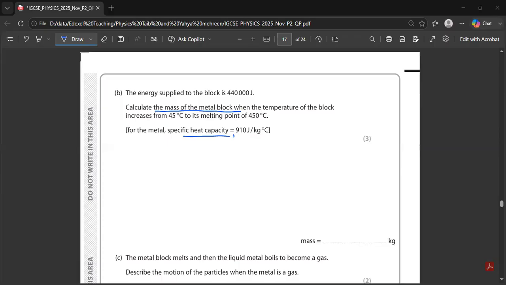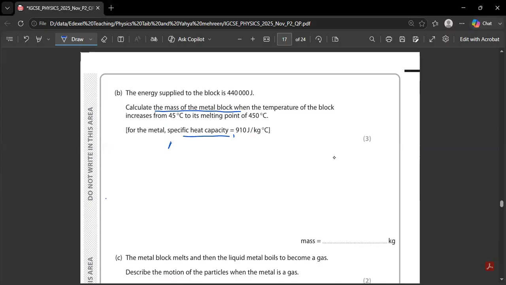So what's the formula that we use for this? Delta Q equals m c delta T, right? Where delta Q is the change in heat, or energy transferred.